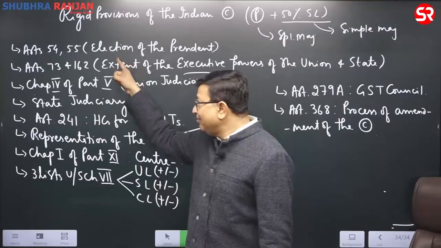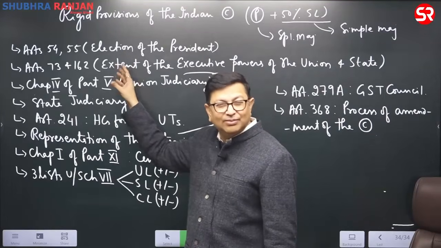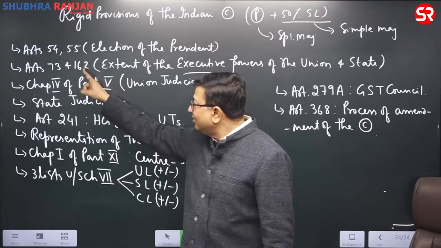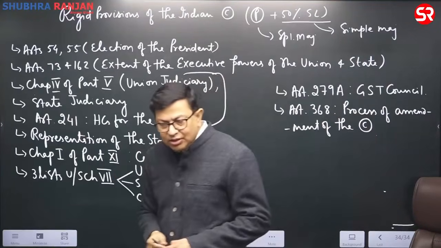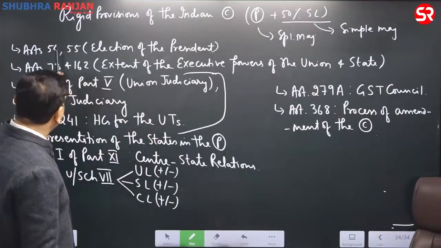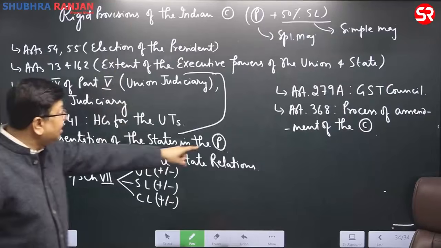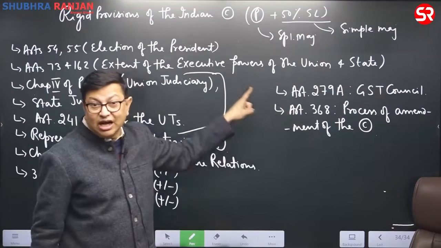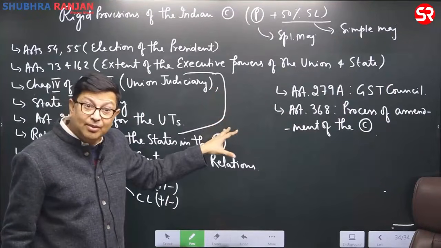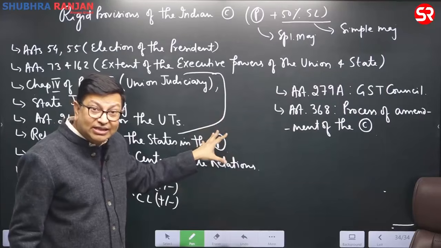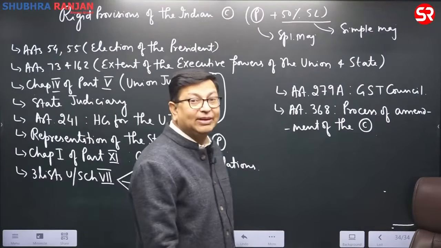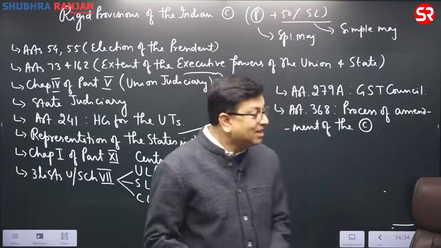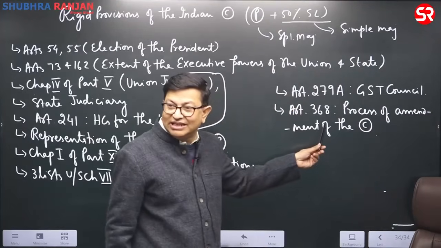But I have made it, we can say, a bit more understandable, because this part may be a bouncer from our part. So here you see that everything has been mentioned in Article 368, that how the constitution will be amended. These provisions will be amended only with the ratification by 50% of the state legislature. It is also mentioned in Article 368.